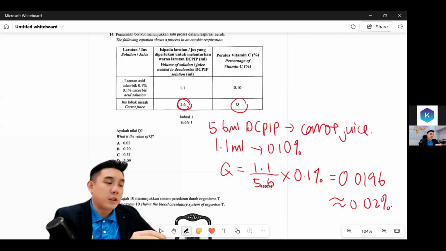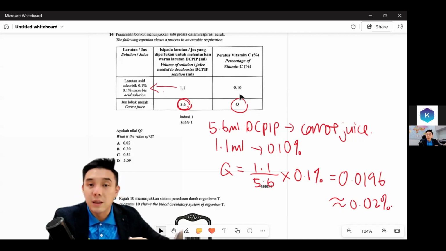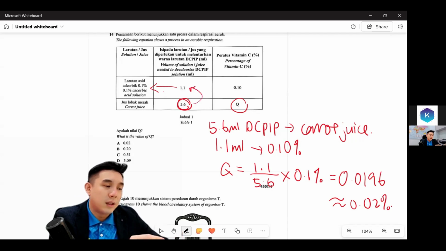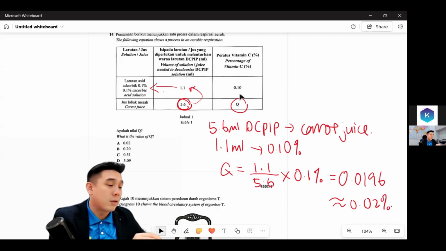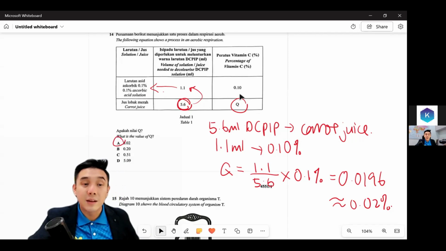Because this is how much I need to decolorize 0.1% of ascorbic acid, which is vitamin C. It means in this much carrot juice there is this much vitamin C. So I must use 1.1 over 5.6 multiplied by 0.1. And that's how I get 0.02. Guys, 14 answer is A.